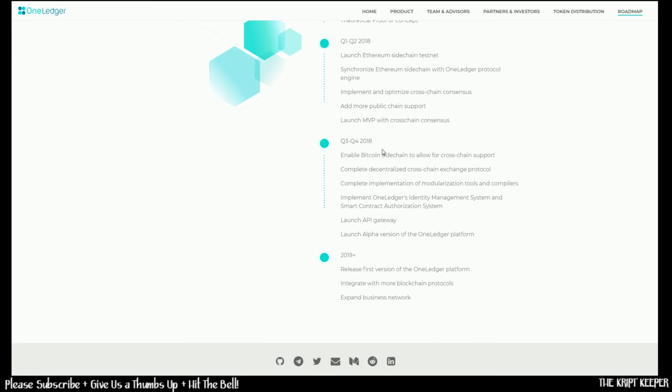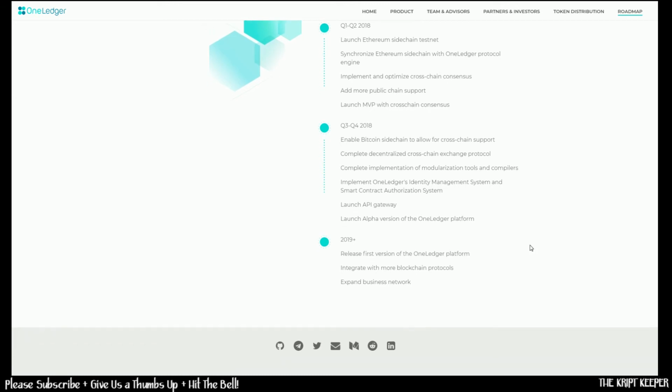Q3, Q4, 2018, enable Bitcoin sidechain to allow for cross-chain support, complete decentralized cross-chain exchange protocol, complete the implementation of modularization tools and compilers, implement OneLedger's identity management system and smart contract authorization system, launch the API gateway, and launch the alpha version of the OneLedger platform.